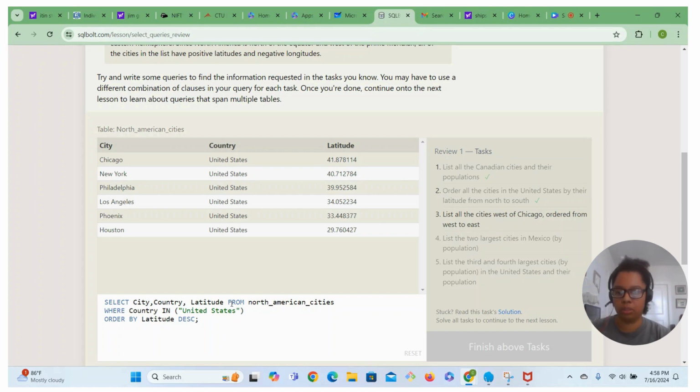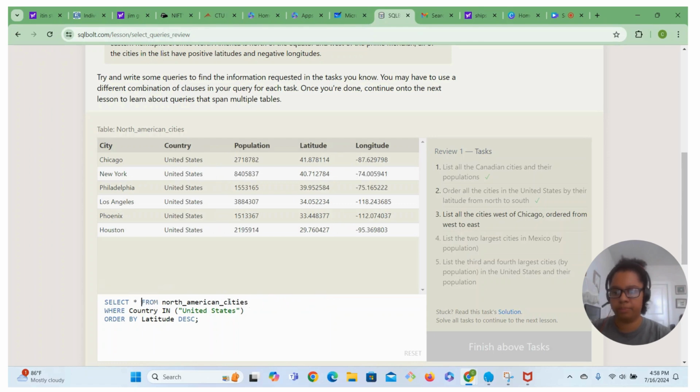Third one says list all the cities west of Chicago, order by west to east. Okay, so on this one, we are going to select all of them again. And the conditions we're going to be using here is where we're talking about longitude.